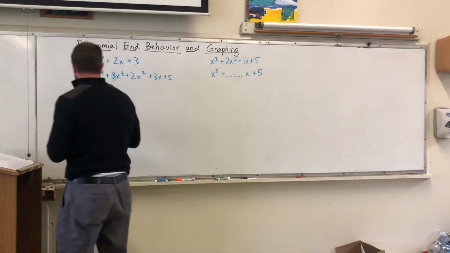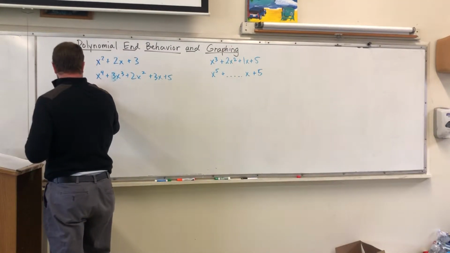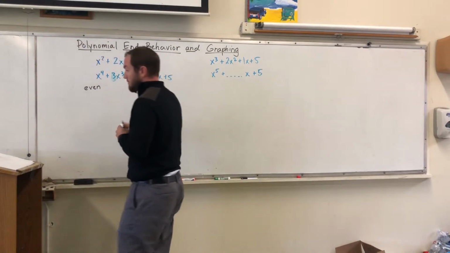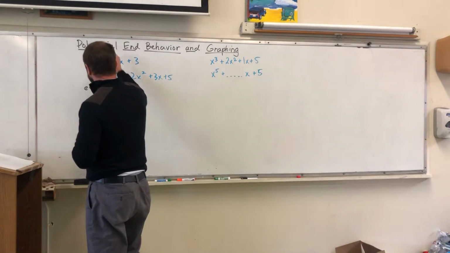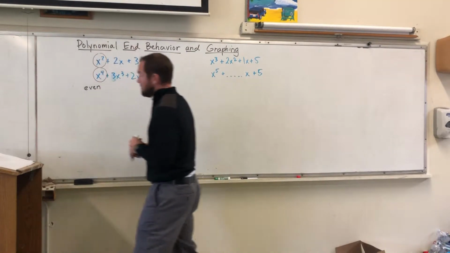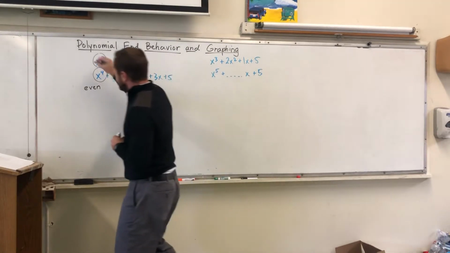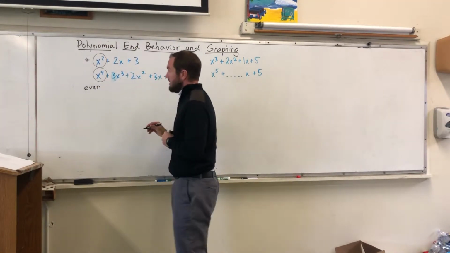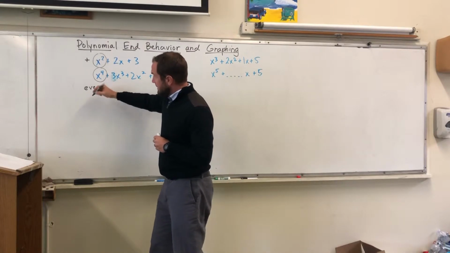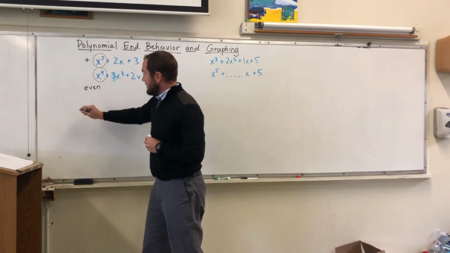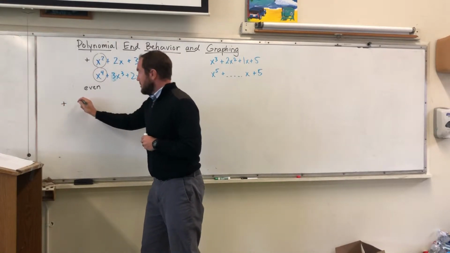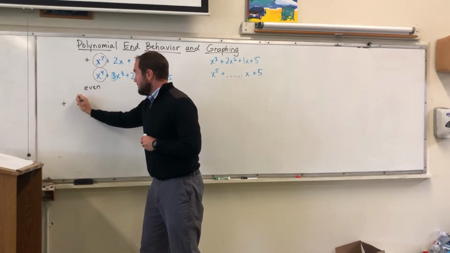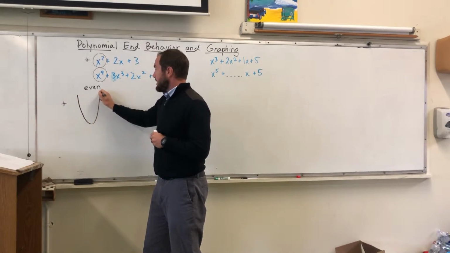So if you have an even degree polynomial, which is what this is, 2 and 4, an even degree, and the leading coefficient here, this part in the beginning, is positive, then you're looking at even positive. You're looking at the end behavior starting from the top and finishing at the top.